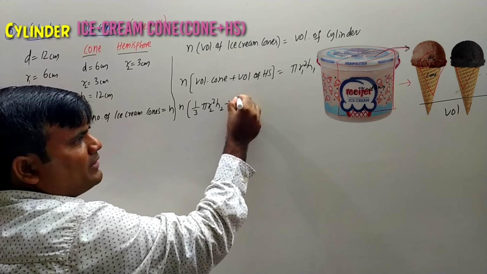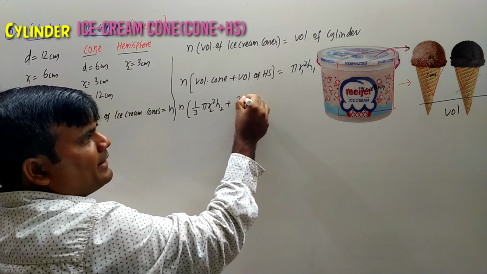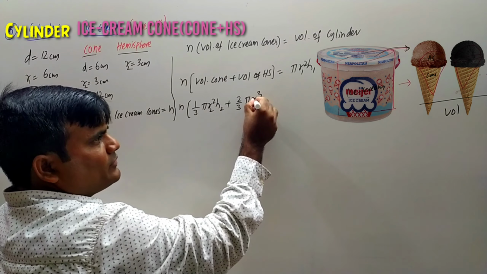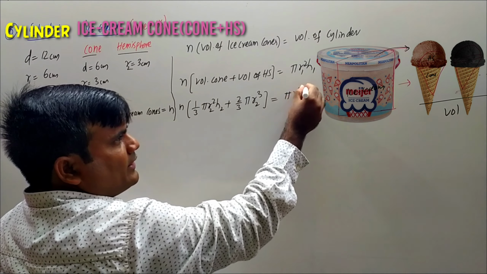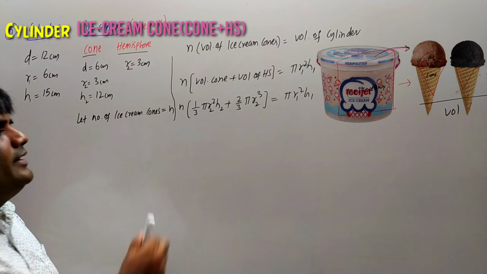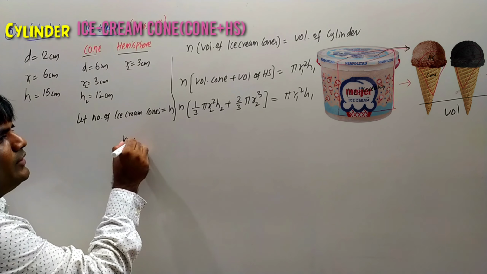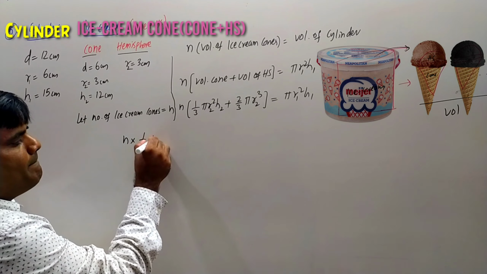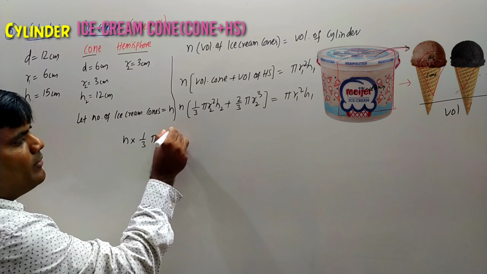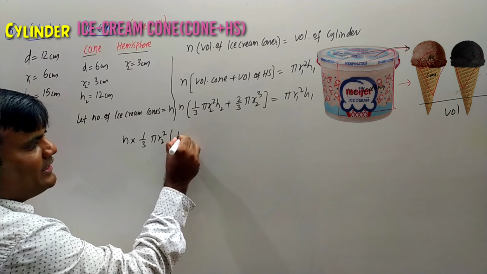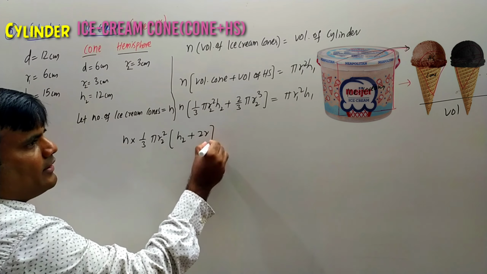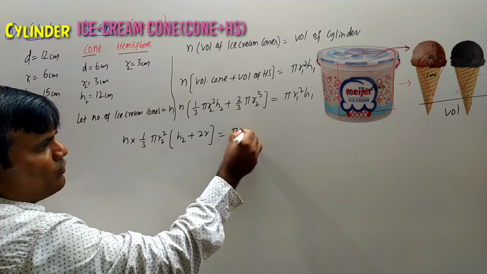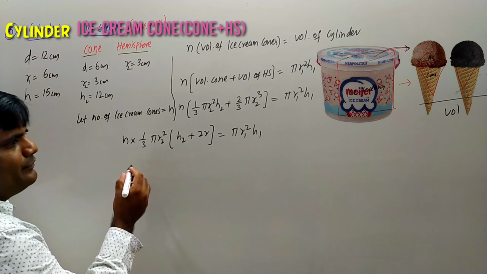Volume of hemisphere formula 2 by 3 pi r cube, that is equal to pi r1 square h1. Here we can take common n into 1 by 3 pi r2 square is common. So the remaining one is here h2 plus here 2r2 is equal to pi r1 square h1.